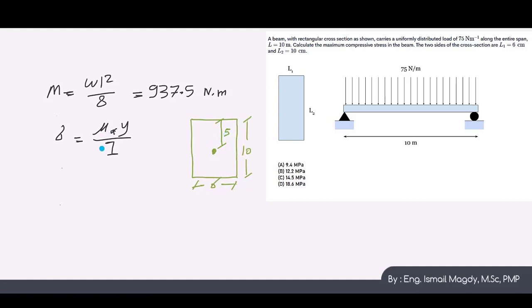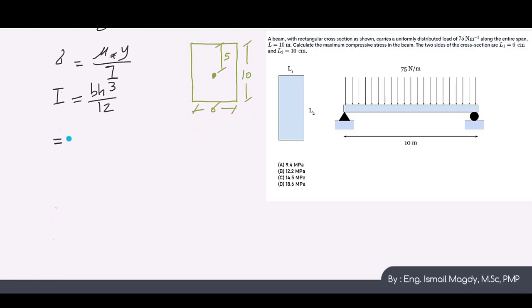Now we want to calculate the value of I. We know that I for a rectangle equals bh cube over 12. Of course, you don't have to memorize these equations. It will all be included in your reference handbook, but it will be useful if you familiarize yourself with it. So we will just substitute now.